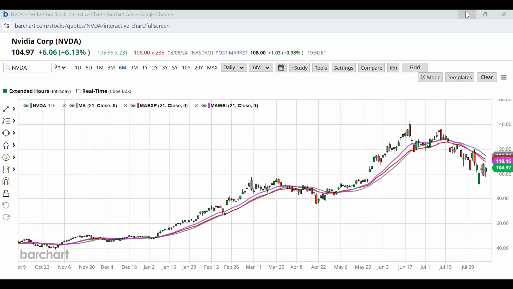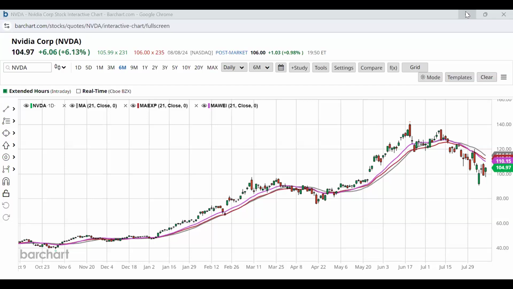So in simple moving average, this type of moving average gives equal weight to all values in the period. For example, a 21-day simple moving average averages the price from the past 21 days, treating each day with equal importance. The exponential moving average, unlike the simple moving average, gives more weight to recent prices, meaning what happened yesterday is more important than what happened 21 days ago.